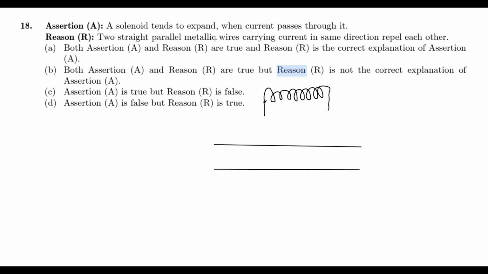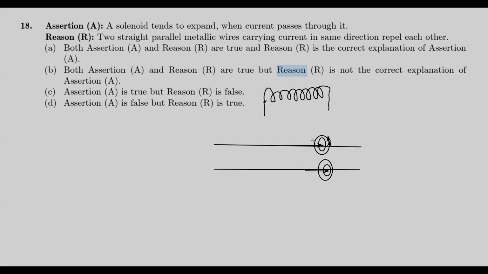If the current is flowing through these wires in the same direction, then the magnetic field produced will also be in the same direction. Even if it is circular turns, it's going to be in the same direction. So the polarity will be the same and therefore they will repel each other.